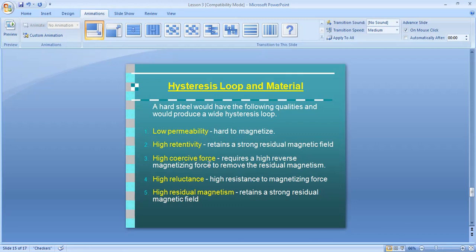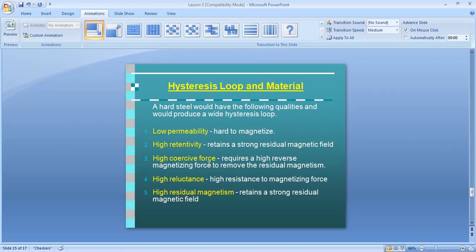That means what? If your material's carbon percentage is high, then permeability is less. If permeability is less, that means the reluctance is more, meaning resistance to the magnetic field. But once it is magnetized, the residual magnetic field will also be high, because when it is difficult to magnetize, then it will not easily lose the magnetic field, right?